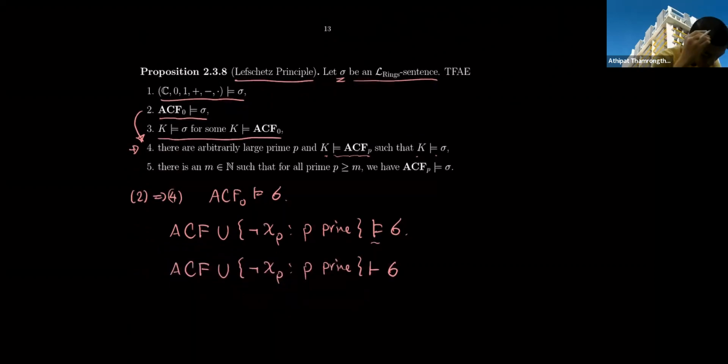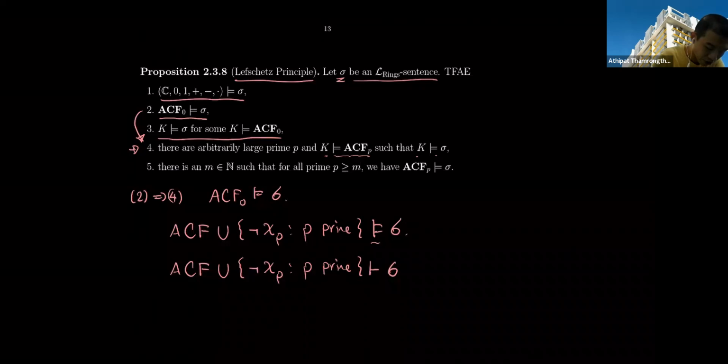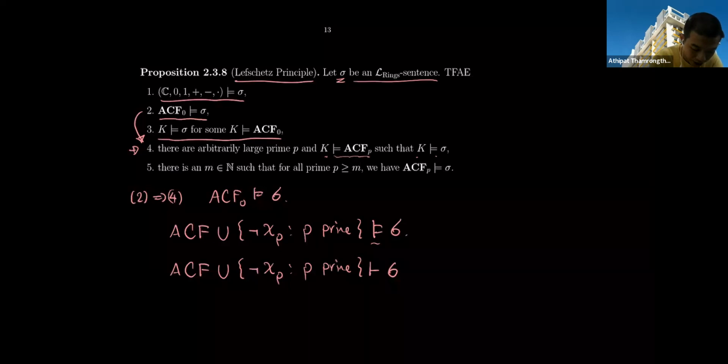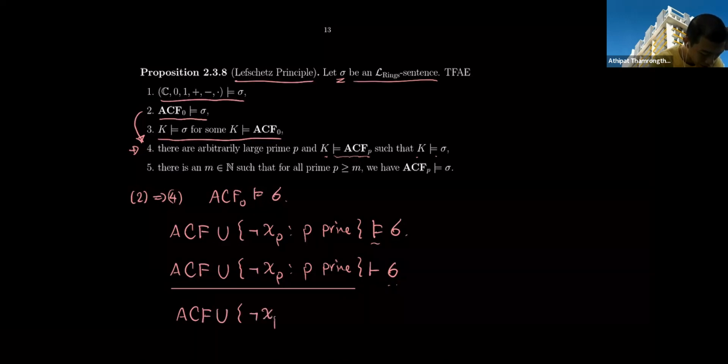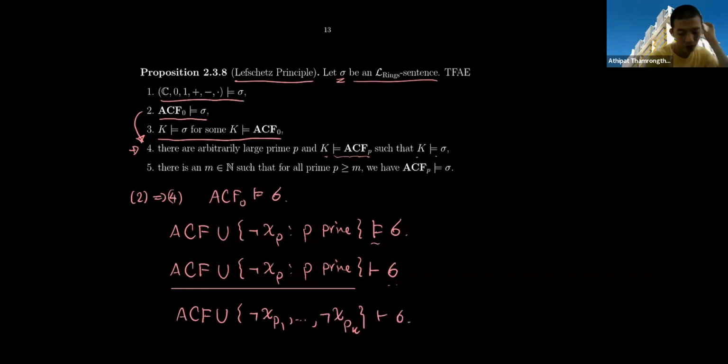Now, what can we do here? If we have that ACF and not chi p, p a prime, proves sigma, then finitely many of these sentences are going to prove sigma. So I can write this as ACF union not chi p1 up to not chi pk proves sigma. So I can reduce it to these cases.